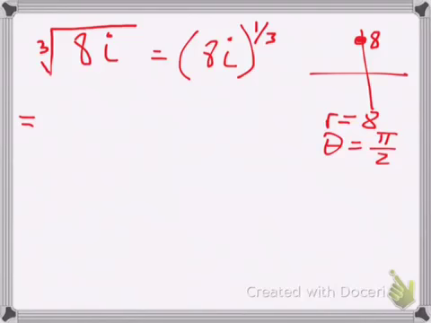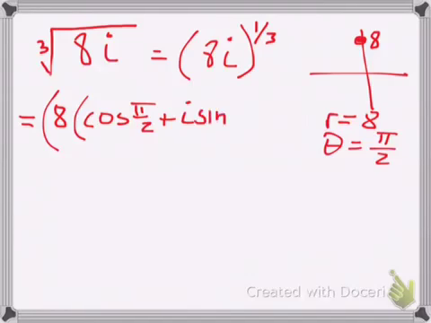So this is going to be 8 times cosine of pi over 2 plus i sine of pi over 2, all raised to the 1/3 power.